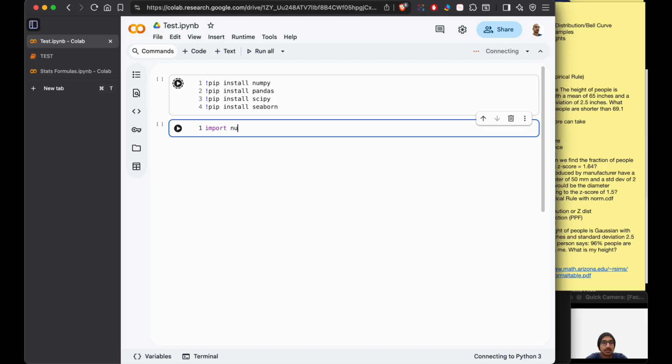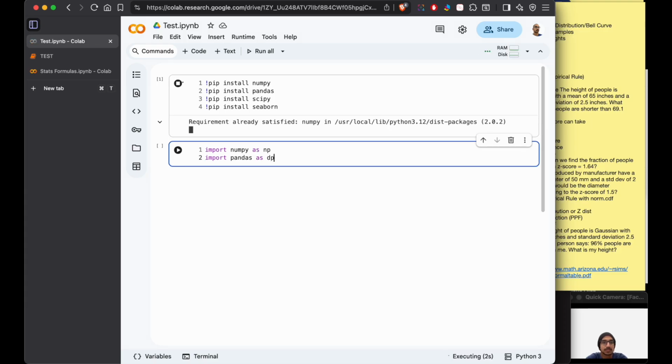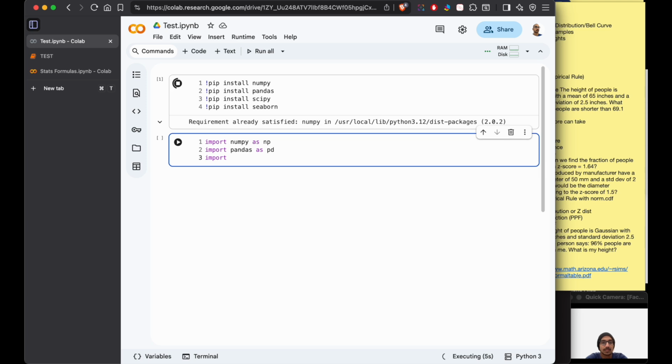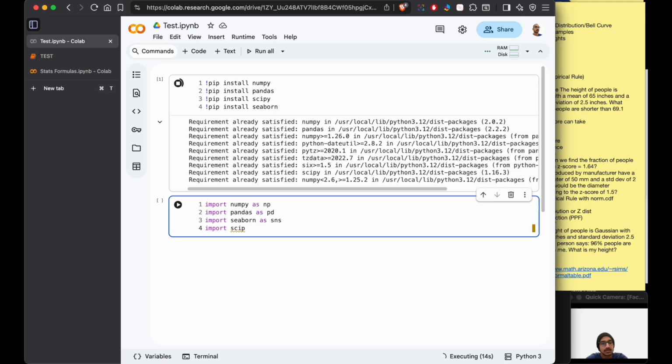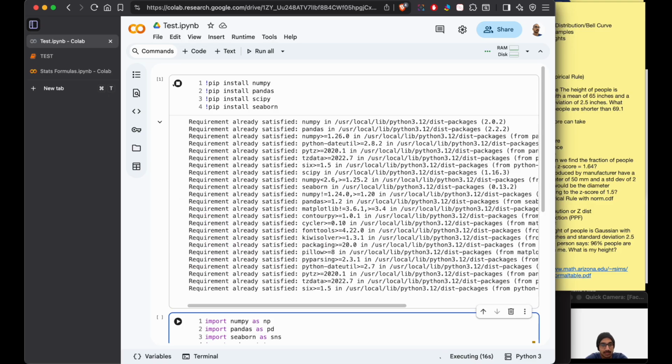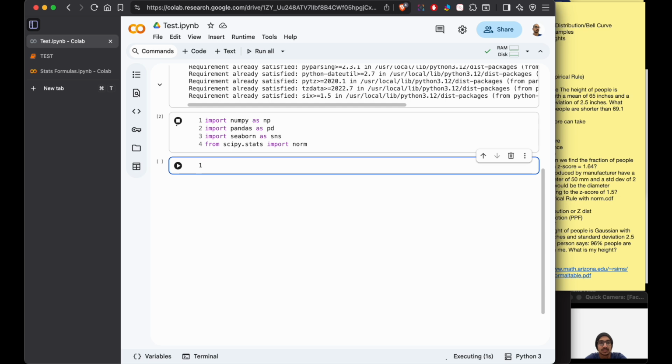So I'll import numpy as np, import pandas as pd, import matplotlib.pyplot as plt, import seaborn as sns, and from scipy.stats import norm. We need the normal distribution, so the norm package in this case.